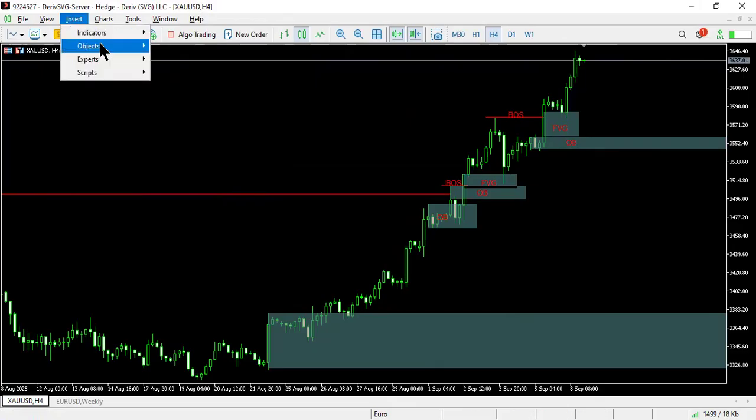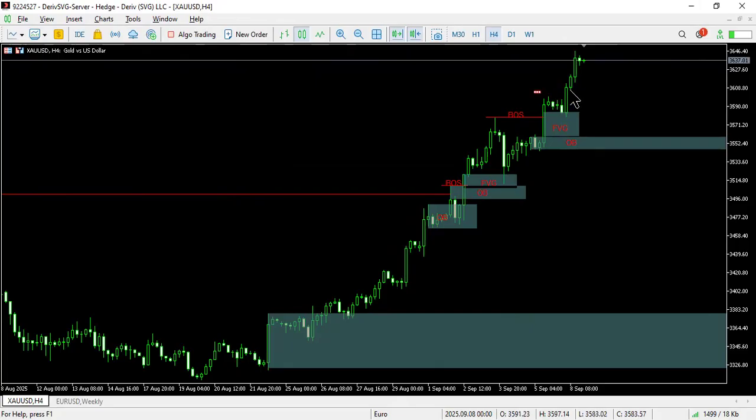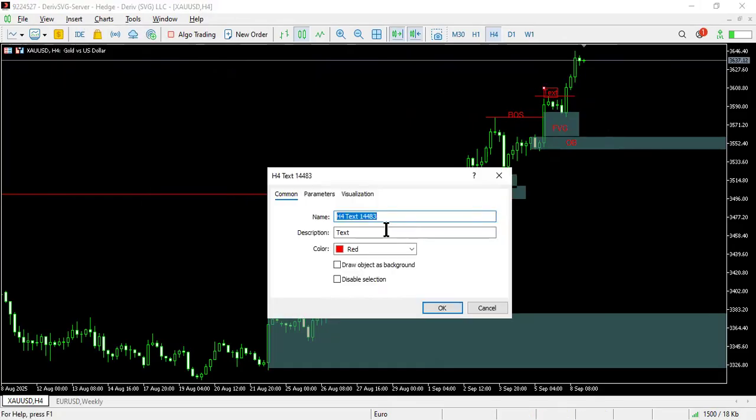And then we had a break of structure right there. So that is the break of structure.